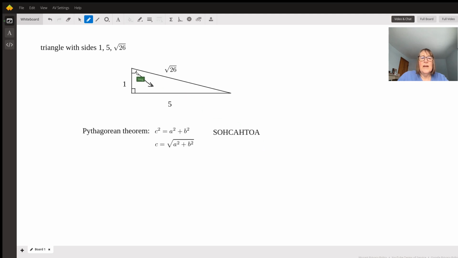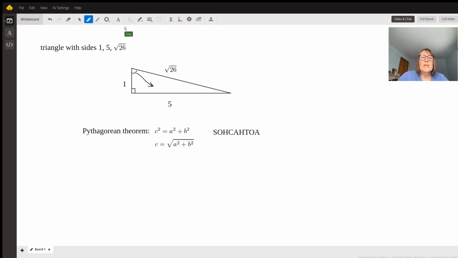So here's our little angle. The opposite side we know is 5. And the adjacent side is the other side that's not the hypotenuse, right? It's the one that's right next to, or adjacent to, the angle. So our adjacent side is equal to 1.